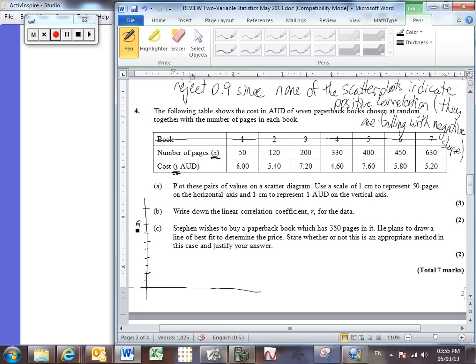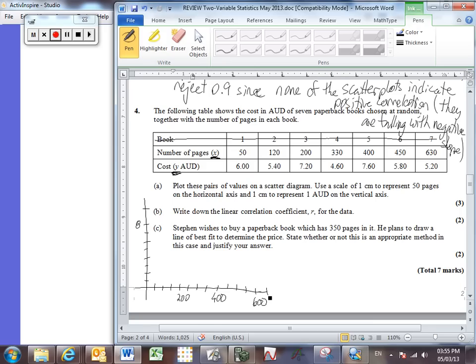And 1 centimeter is 50 pages on the horizontal axis. I've got to go out all the way to 630 pages. So 50, 100, 150, 200, 250, 300, 350, 400, 450, 500, 550, 600, and I guess I've just got to go up to 650. Let's put in the values.